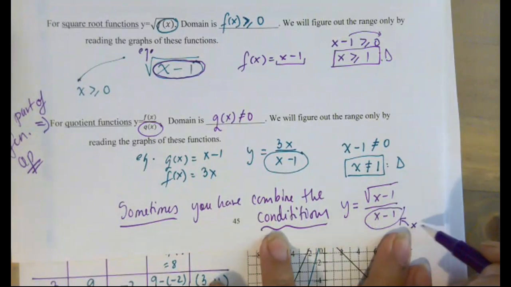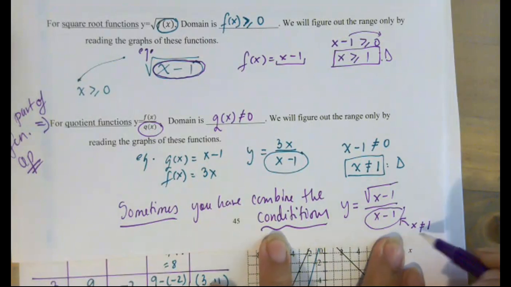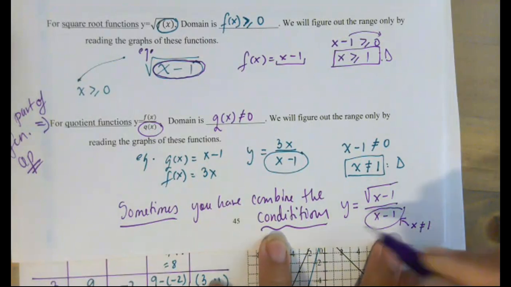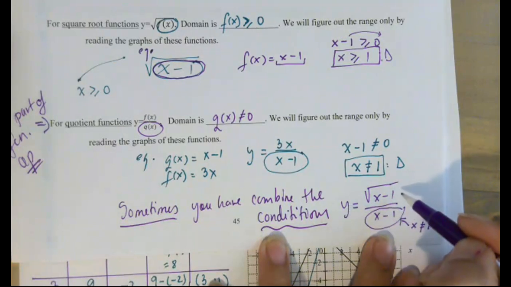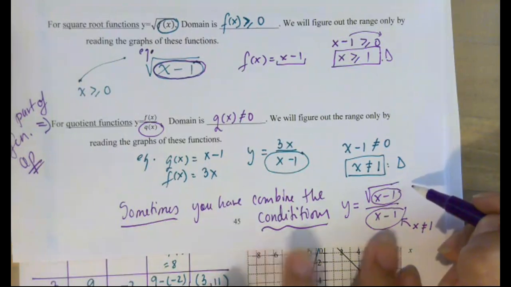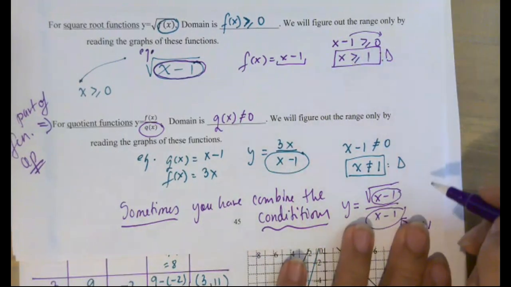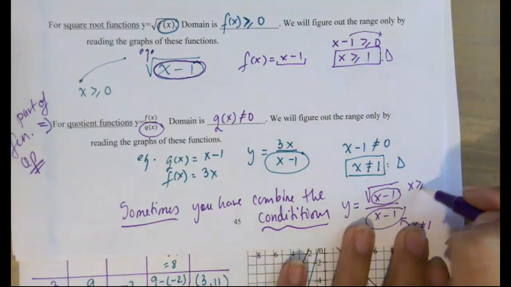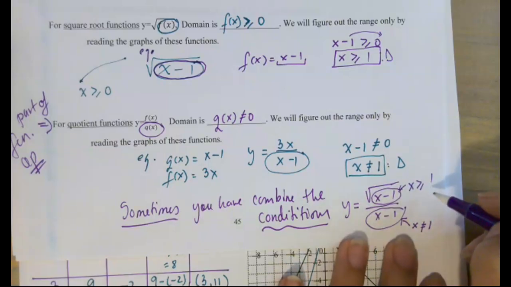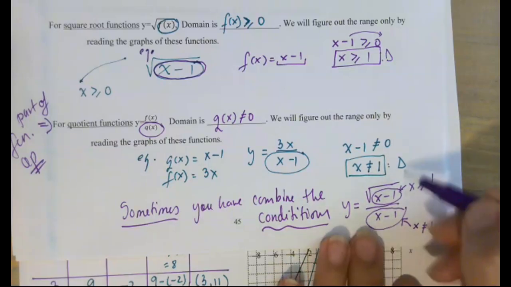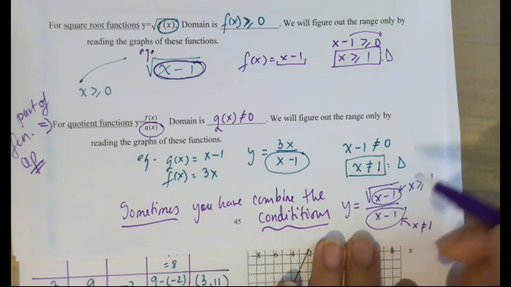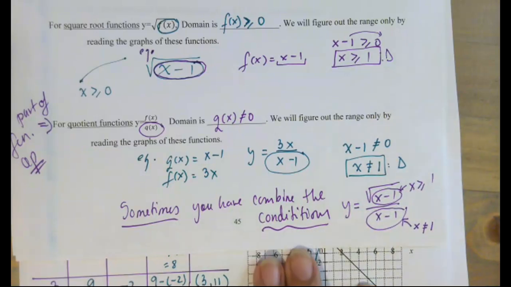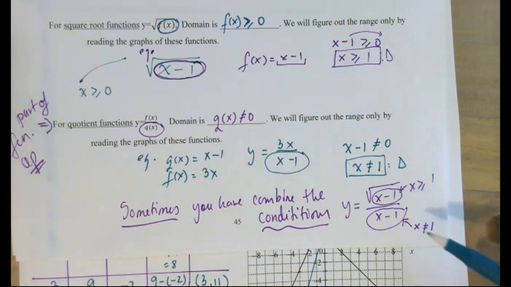I cannot have division by 0, so I have to exclude number 1 from the domain of the function y. The other condition comes from the square root, which gave me x is bigger than or equal to 1. Now, if I combine them, because for the function y they both have to be satisfied at the same time, what do you think the condition would be? The combination between these two.